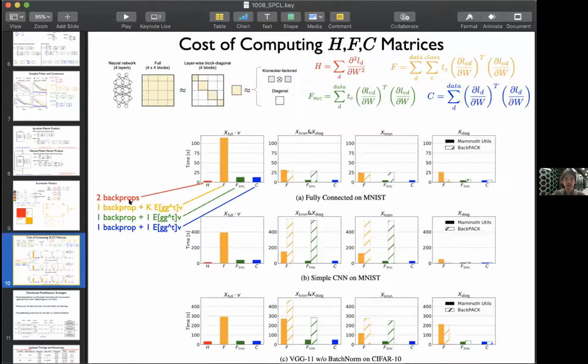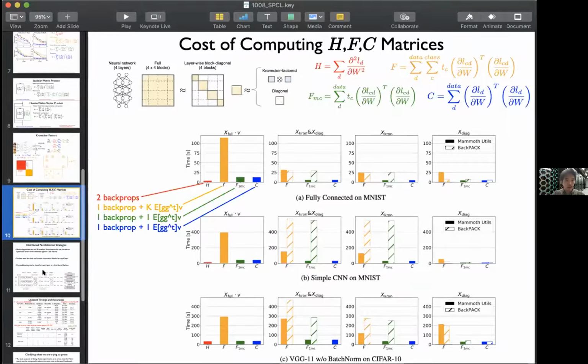Whereas the other ones, so this red one, as Amir described in his talk a week ago, you can actually do a Hessian vector product with 2 backprops. And also one backprop plus a backprop of this thing here is what is computed here. And these are much cheaper still than the Fisher matrix. But the important thing here is that these are Hessian vector products. You can't actually obtain the Hessian this quickly if you want the actual Hessian. So that's one thing to keep in mind.